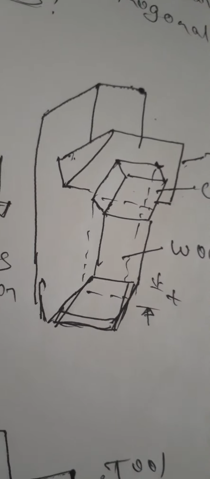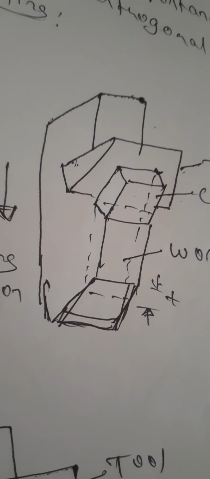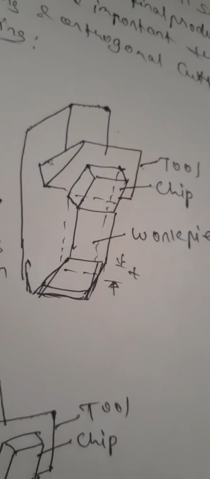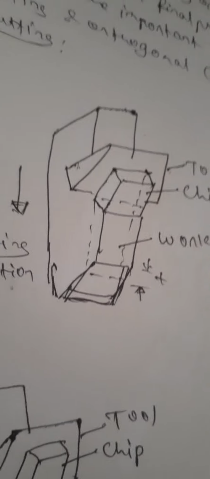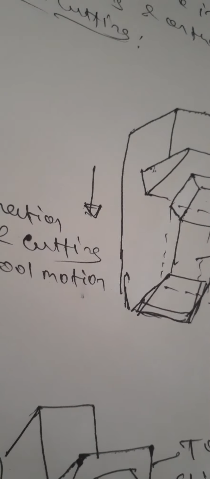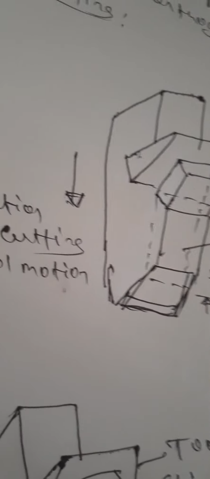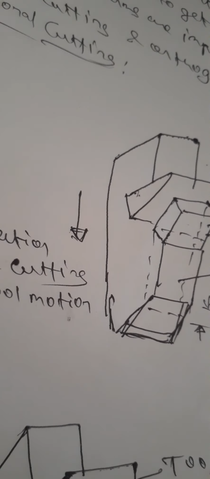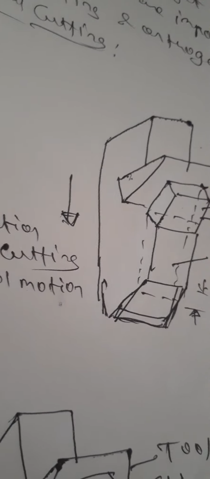Now the difference between orthogonal and oblique. In orthogonal cutting, the cutting angle makes a right angle to the direction of the motion, and in oblique cutting, the cutting angle of the tool does not make a right angle to the direction of the motion. In orthogonal cutting, the flow of chip is perpendicular to the cutting edge, and in oblique, the flow of chip is not perpendicular to the cutting edge.